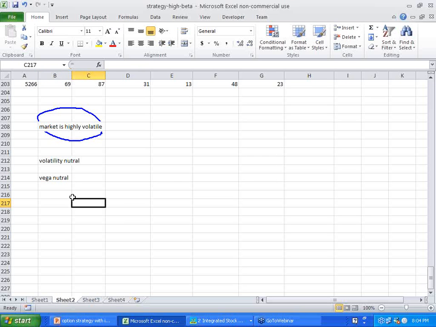In a high volatility condition, if you form a Vega neutral strategy, then if volatility goes up further or stays in the same high band, my money will not be lost.